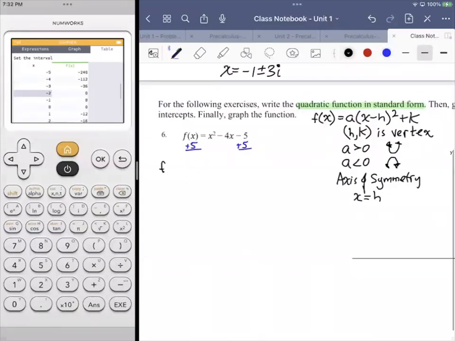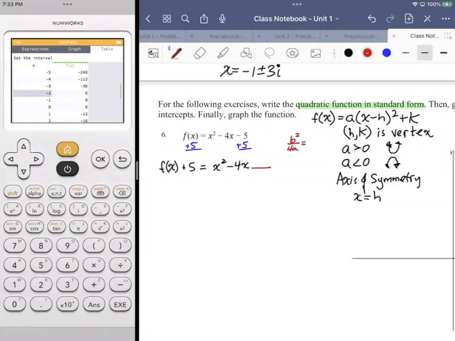So we're going to get f of x plus 5 is equal to x squared minus 4x, and then we'll have the blank to complete the square. We're going to apply the same rule that we just used to fill in the blank. We're going to determine b squared over 4a.